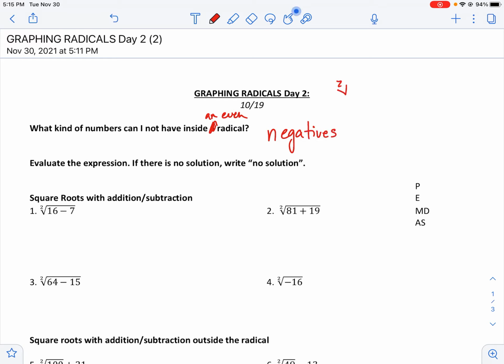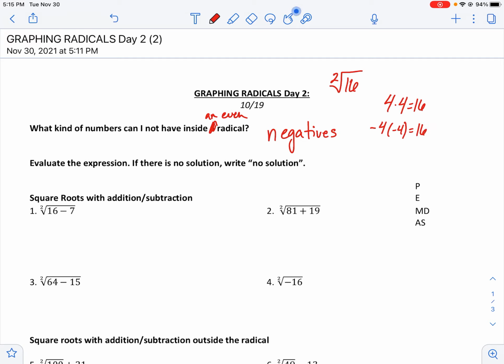Well, if we think about square roots, a square root just asks, for example with 16, what number multiplied by itself gets me 16? In this case, 4 times 4 gets you 16, and negative 4 times negative 4 also gets you a positive 16.